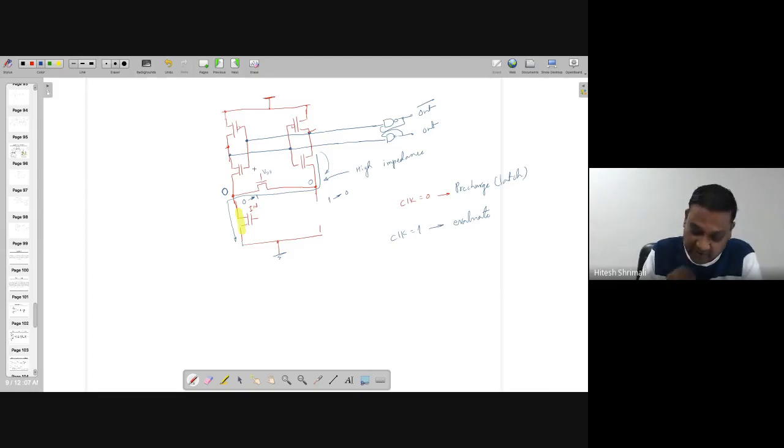So that is what we have studied, and because of adding this one, this makes sure that this is a register. Otherwise, if you don't keep this one, then the output will change with respect to changes of in and in bar. Notably, in and in bar has to be differential in our case. Okay, so this is what we have studied.